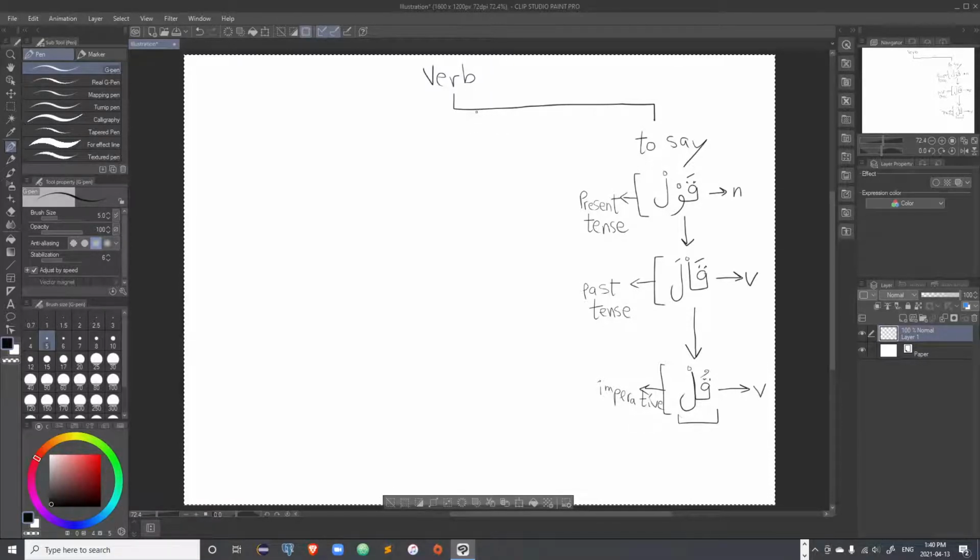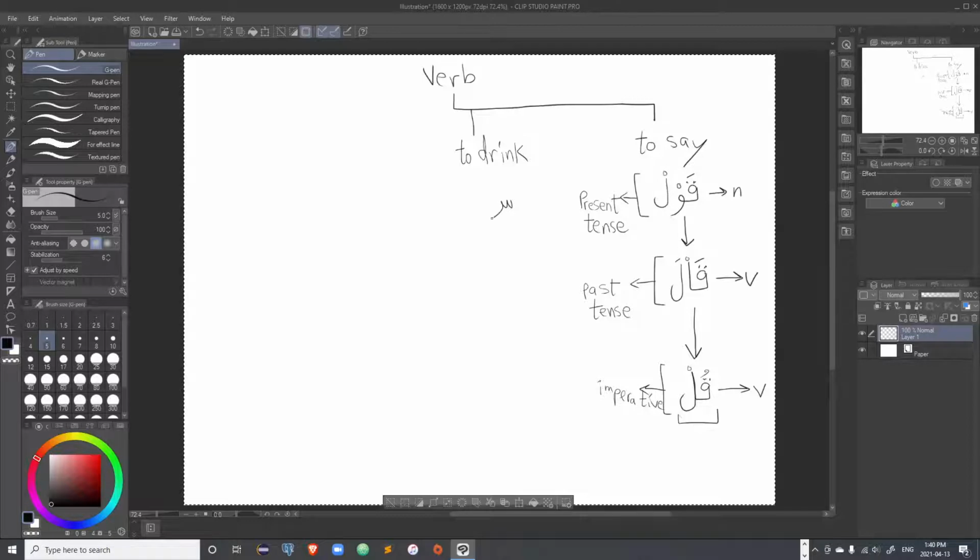Another verb we could cover would be to drink. Now, with regards to the root, whether it is the noun or the past tense form, they are spelt exactly the same. Of course, they differ in diacritics.